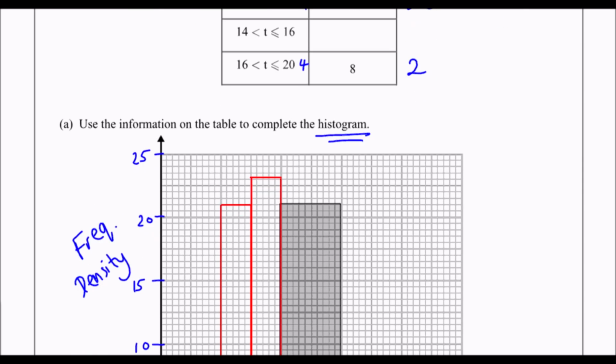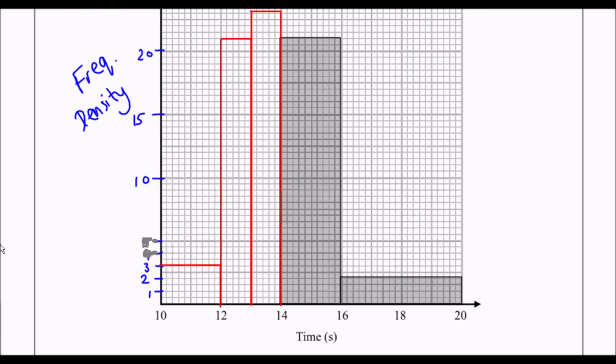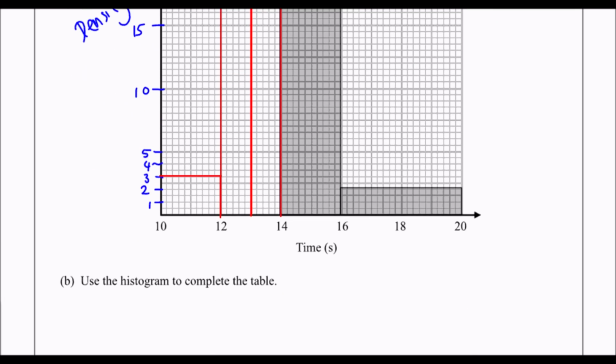And then that's the histogram completed. All the bars are drawn.